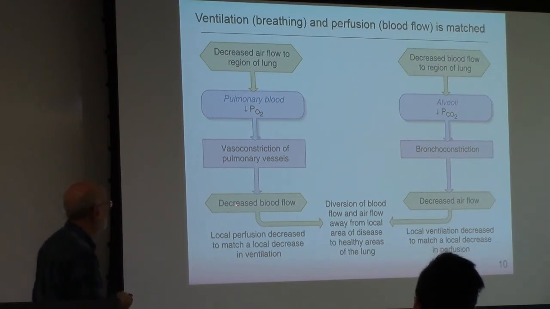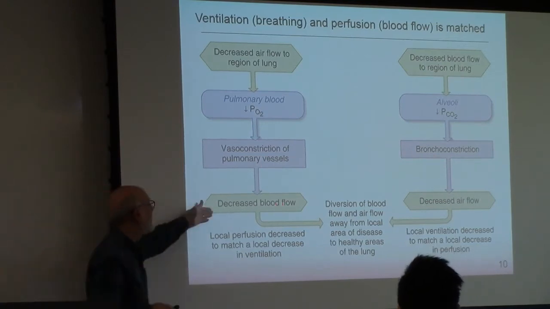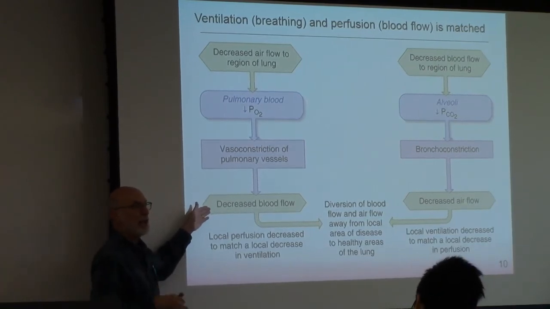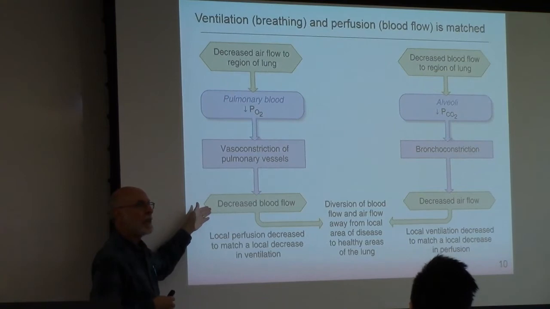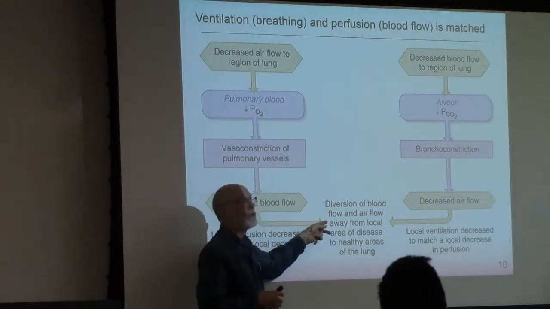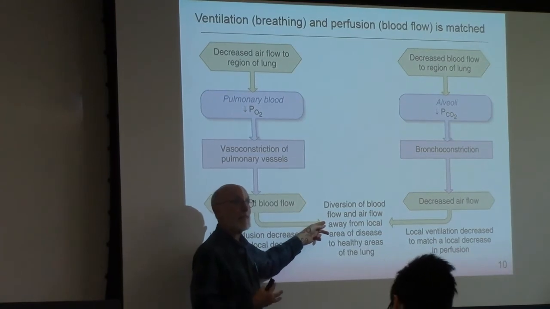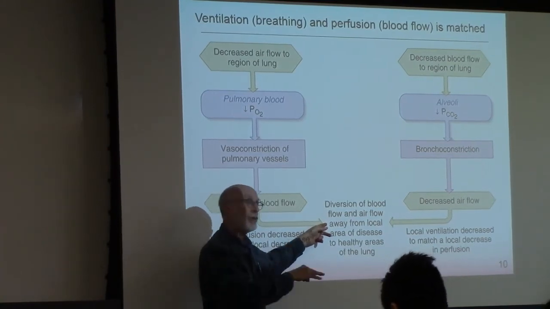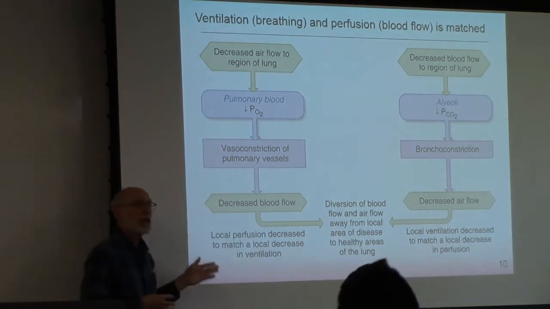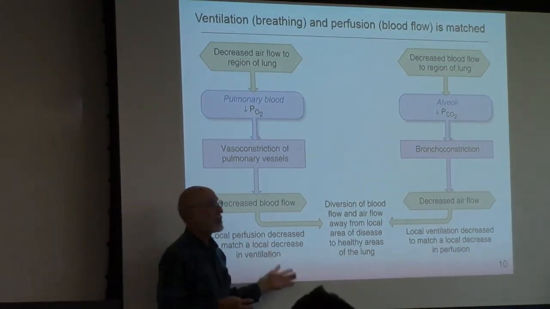That's decreased blood flow to that region. Not decreased blood flow everywhere, but to that region, so that blood is diverted from the area that is not getting ventilated to the areas that are. And so this is one way of matching blood flow to ventilation.